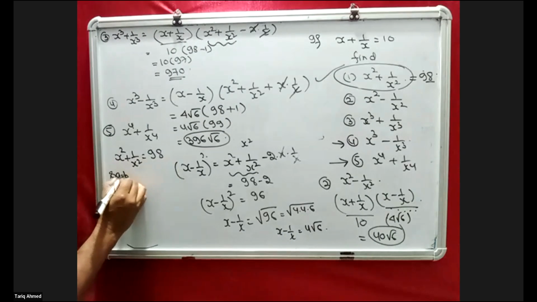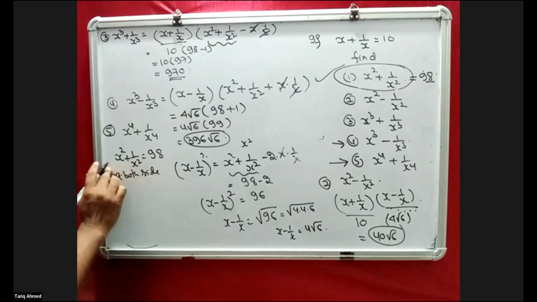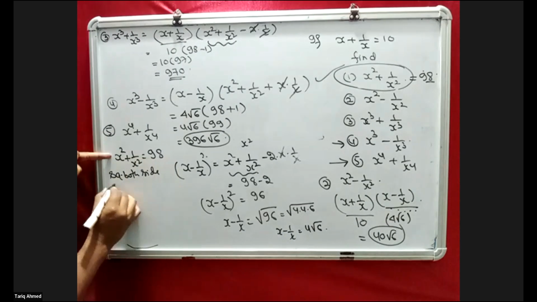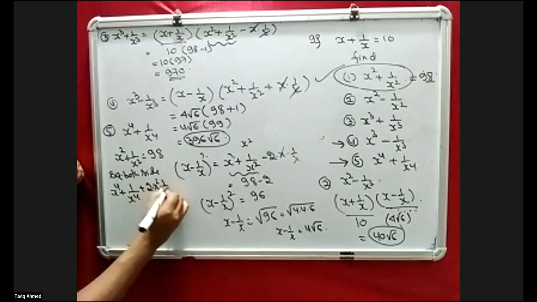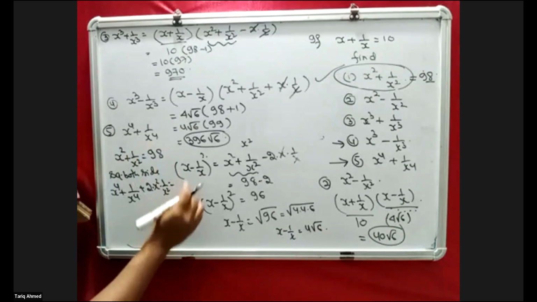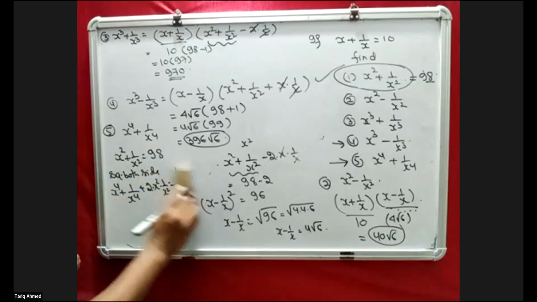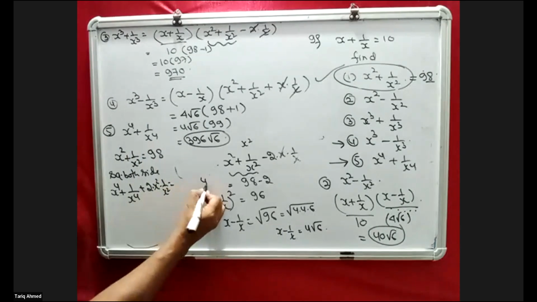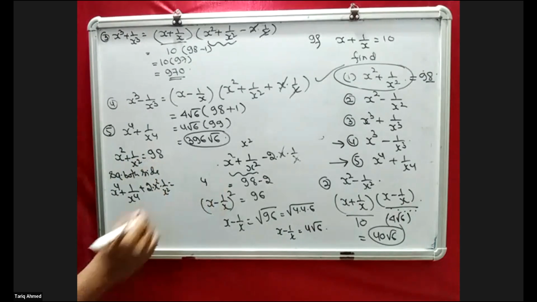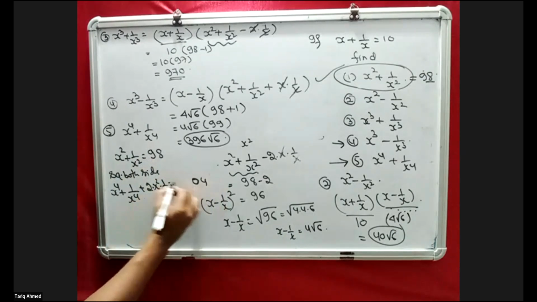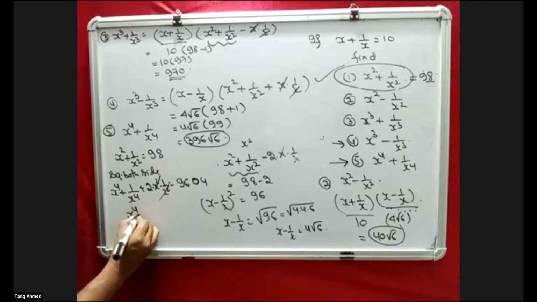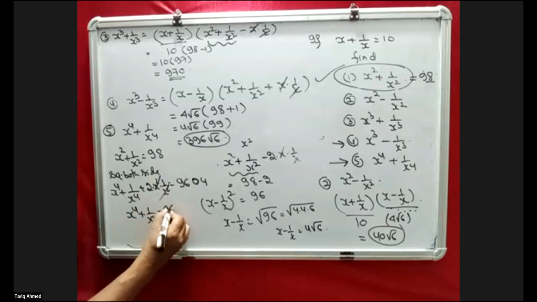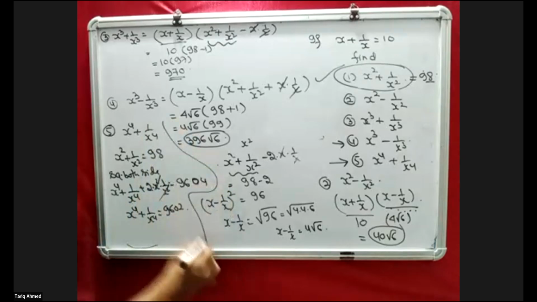Then squaring both sides, a square is x to the power 4, b square is 1 by x to the power 4, then 2ab, 2 into x square into 1 by x square, and 98 square is, what is the value? 9604. This 2 is cancelled. So x to the power 4 plus 1 by x to the power 4 is 9602. This is the value of x to the power 4 plus 1 by x to the power 4.